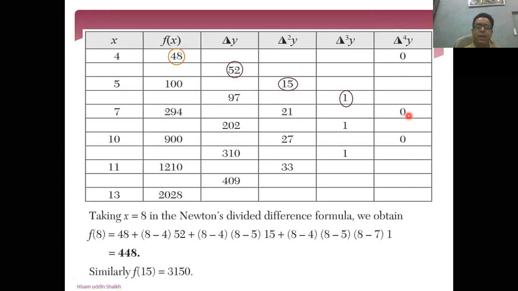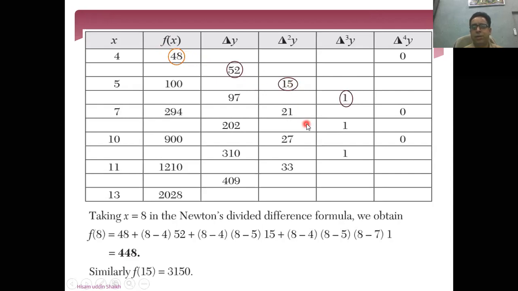In the Newton divided difference method, the advantage is that whether we find 8 or 15, we use this first slope only. No need of another value. Whether you find 8, 7, 6, or any interpolated or extrapolated value, just use the first difference.